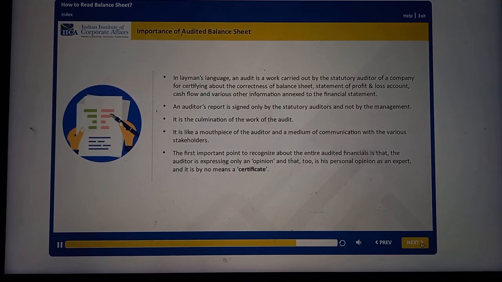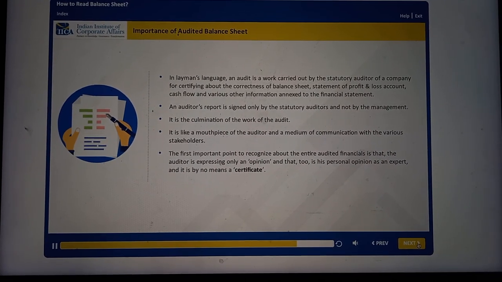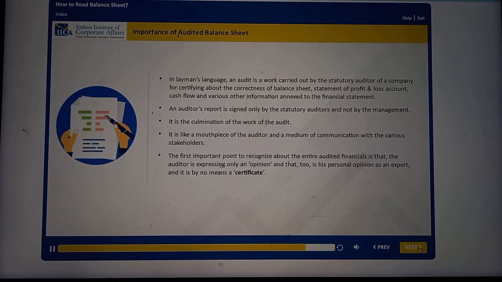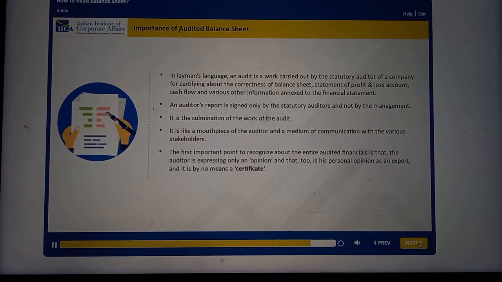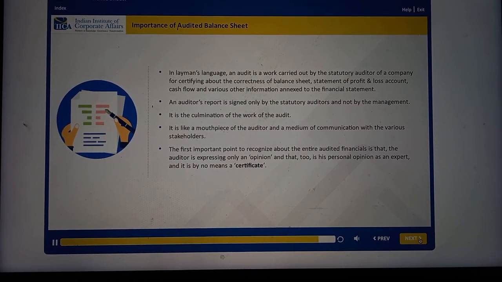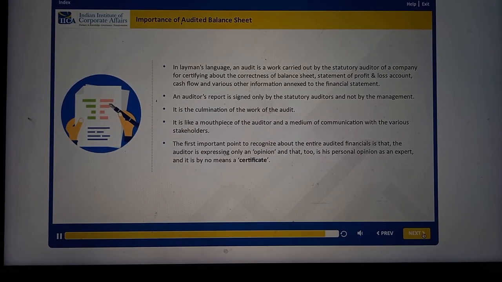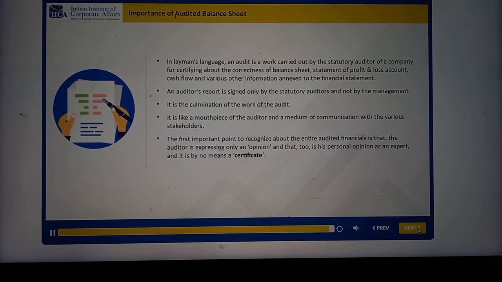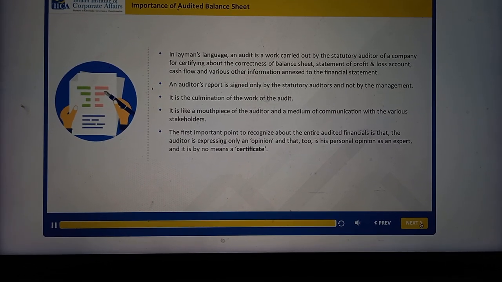As you read the auditor's report, you will find various disclaimers made by the auditors, and that is why across the globe, the auditor's report is known as an opinion. Opinion on the financial position of the company, opinion on the balance sheet, opinion on the statement of profit and loss account, etc.